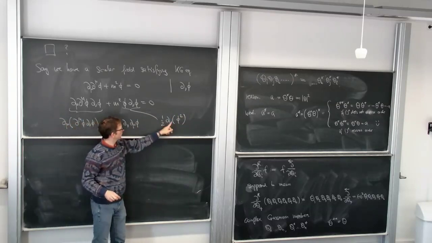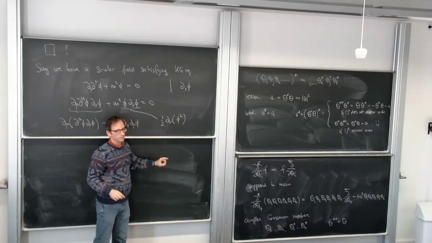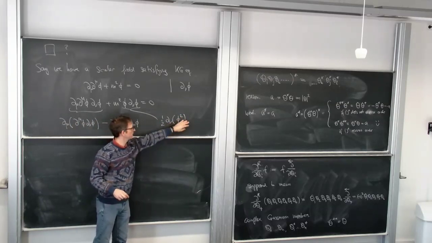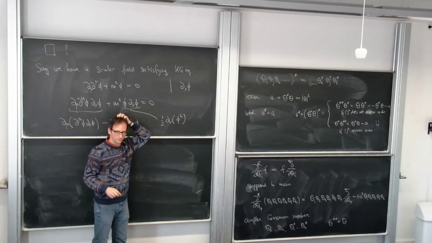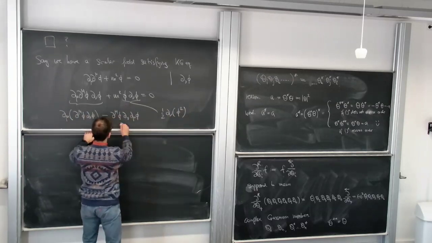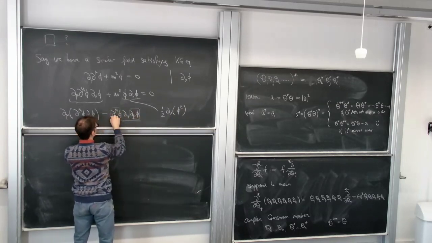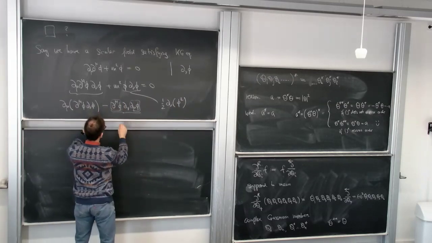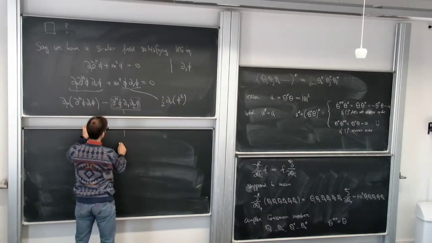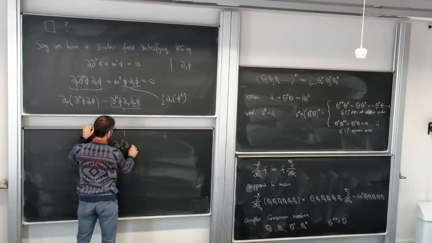With the product rule, the 2 comes down and then phi times phi. And now, since this was so successful, I'm going to do the same thing here because this and this are the same. So that part in the middle here is d mu phi.